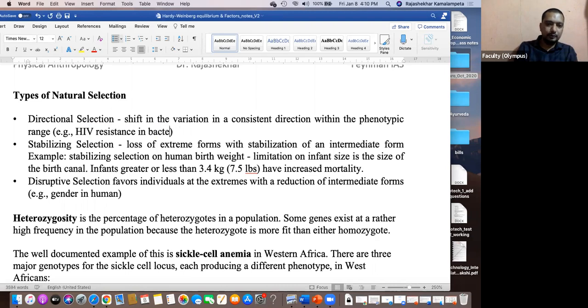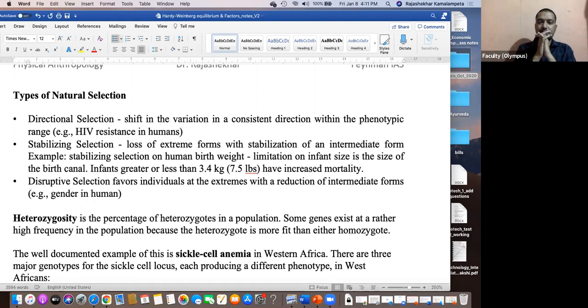If the incidence of HIV is high in a given region, people with resistance to HIV will be favored, right? So the population will move towards the people who carry HIV resistance. So natural selection will move in that direction. That is why it's called directional selection.